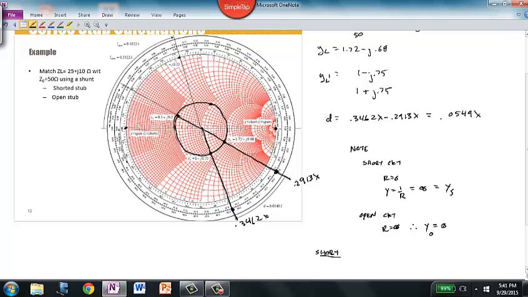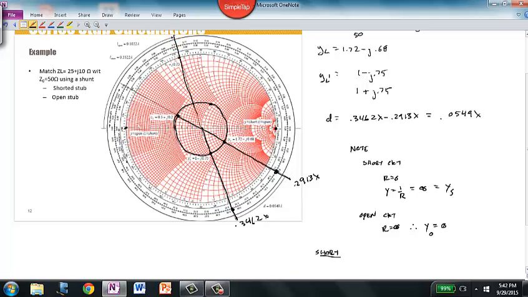So for the short circuit, we're rotating from this intersection point, which is y equals 0.25, all the way to whatever the wavelengths toward the generator scale reads right here.